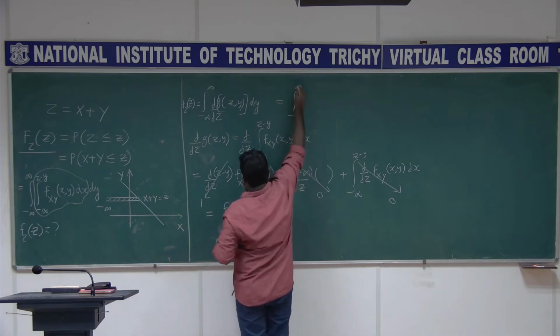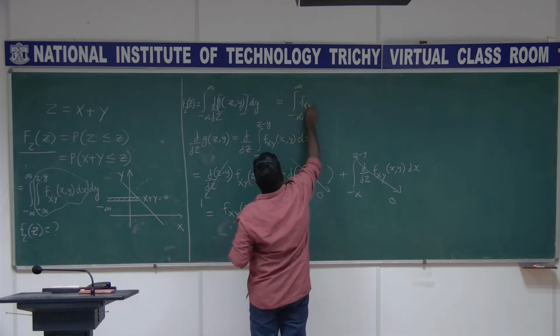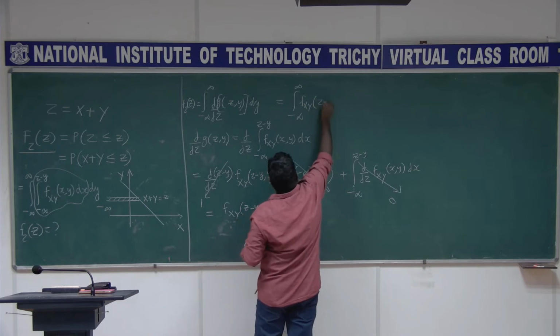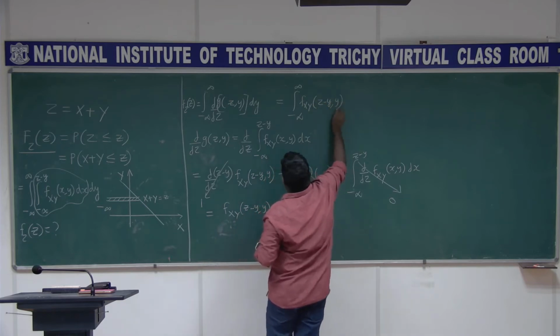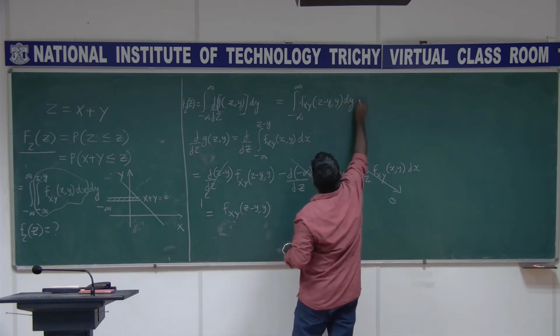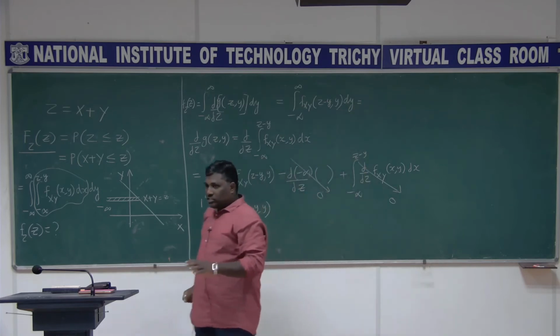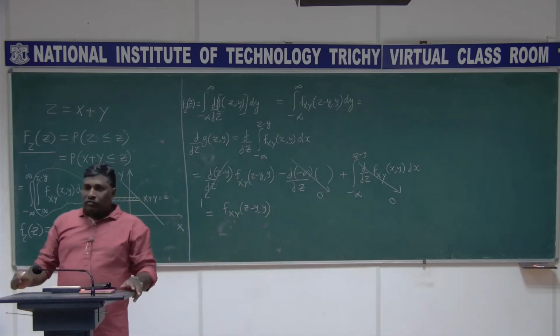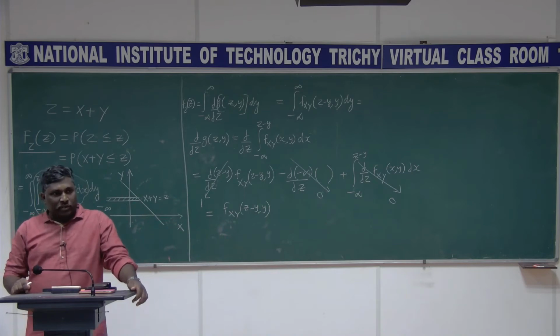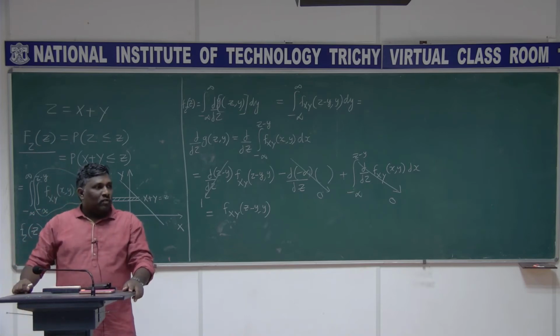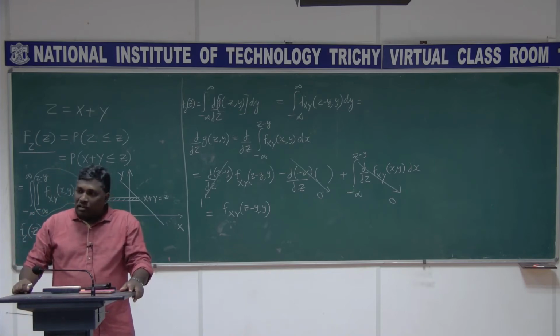So here it is: integral of fxy of z minus y, y dy. This is a very interesting result. If z is equal to x plus y, fz of z is given by the integral from minus infinity to plus infinity of fxy of z minus y comma y dy.